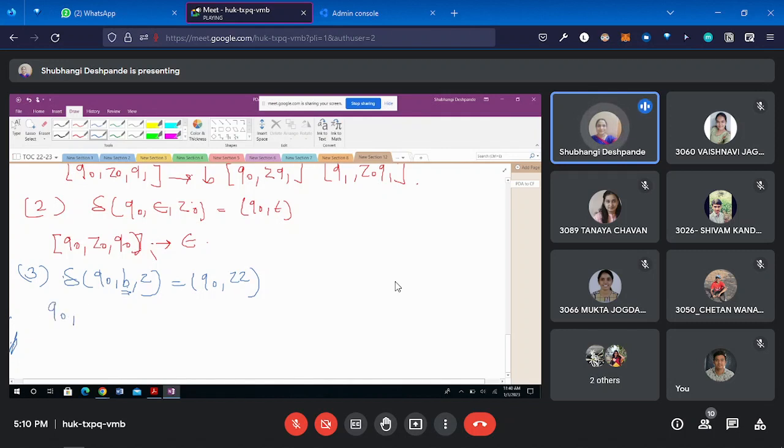So similarly you will write here Q0 Z Q0. Now there is no Z0 here, there are two Z's. So you have to keep track of the right hand side of the rule also whenever you are constructing it. So Q0 Z Q0 derives B. Then we will have all the combinations of states.